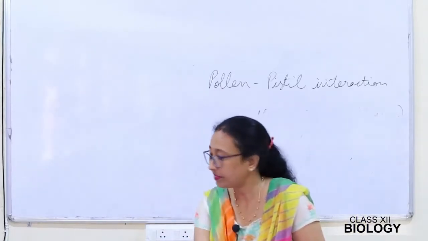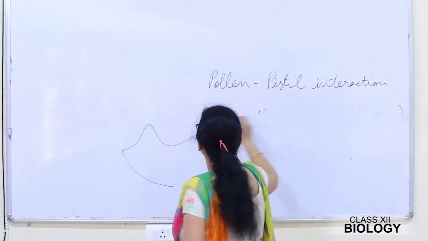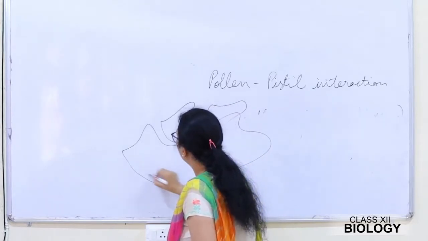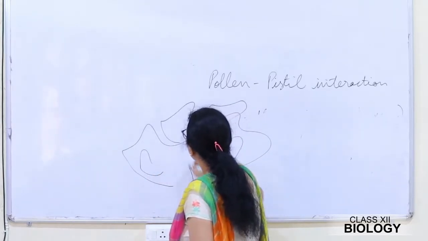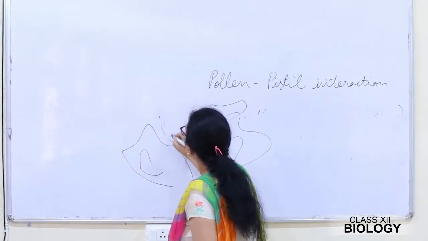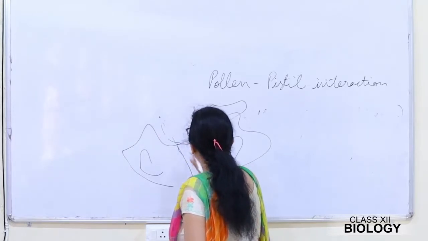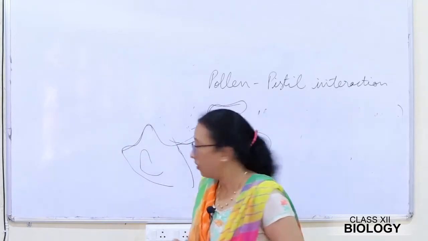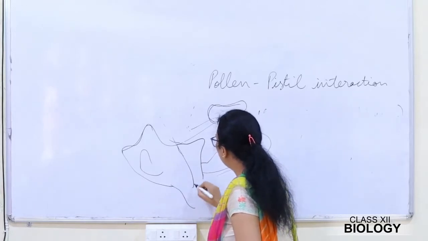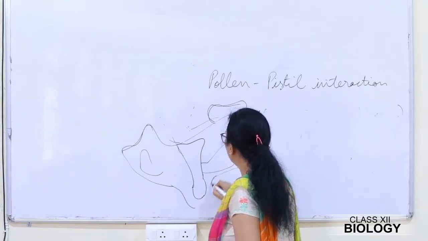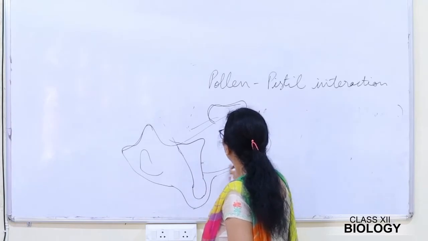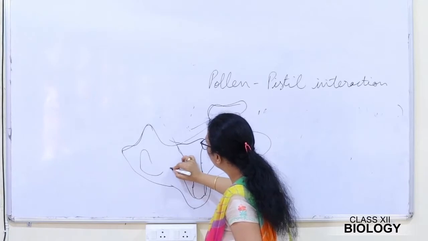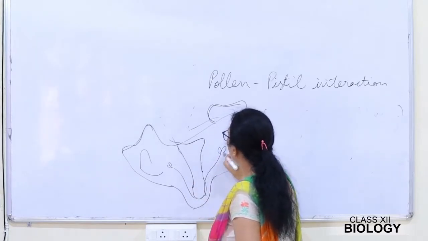If you see that this is the flower, so I'm just drawing like that, it's a flower, suppose, okay. So this is the stigma, style, ovary, and here are the stamens.